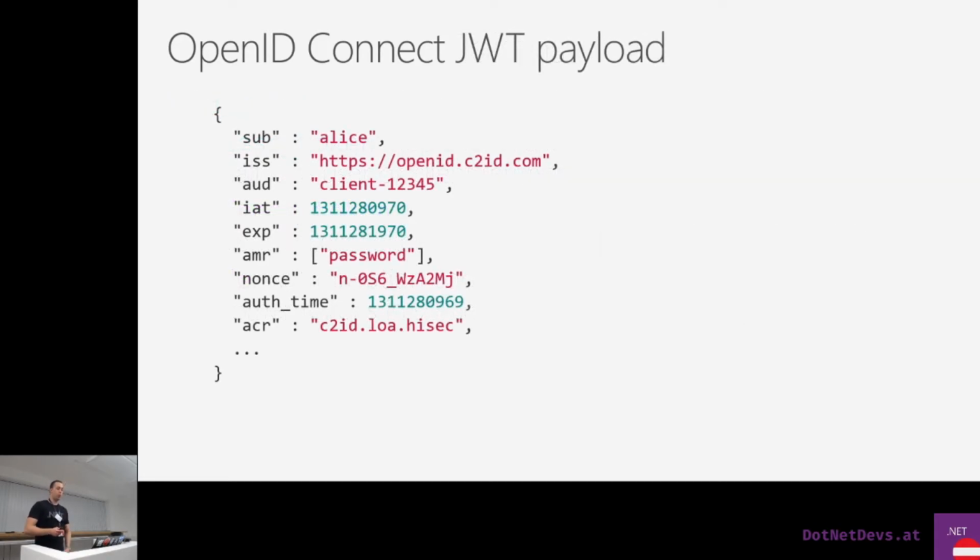And the things you would get in OpenID Connect is a raw token, usually, like an ID token, with a few defined claims, right?